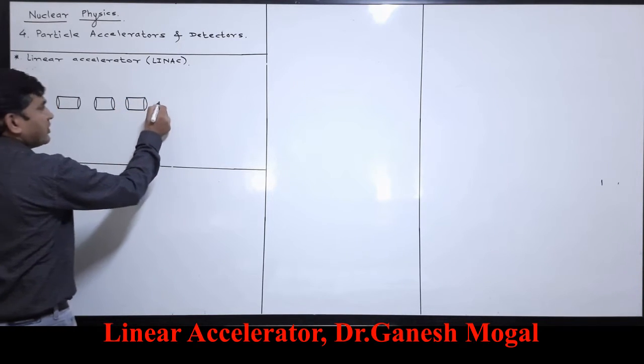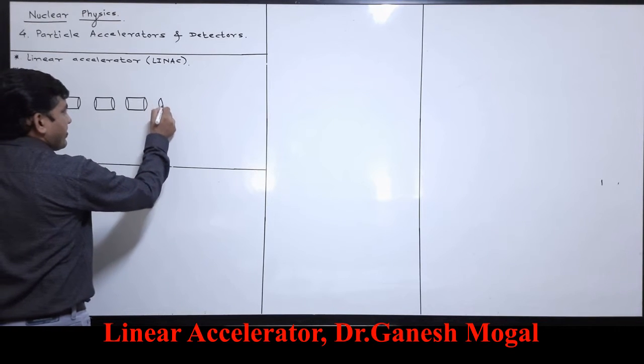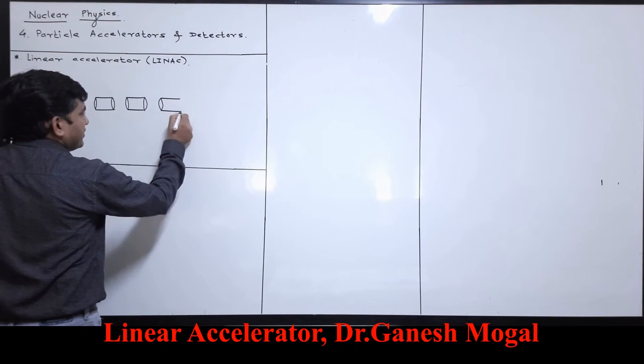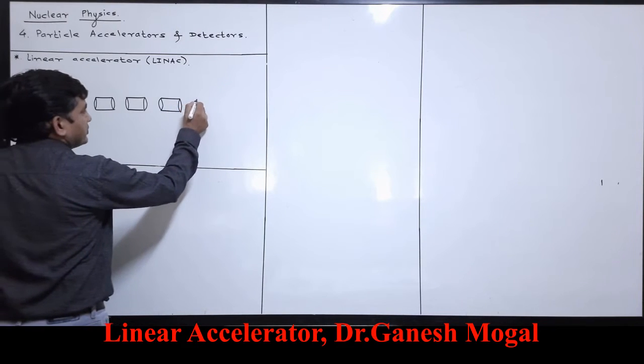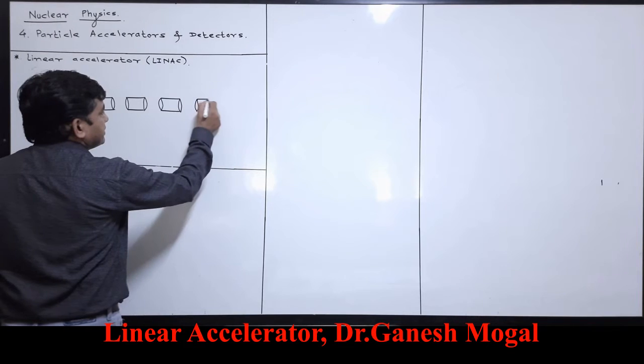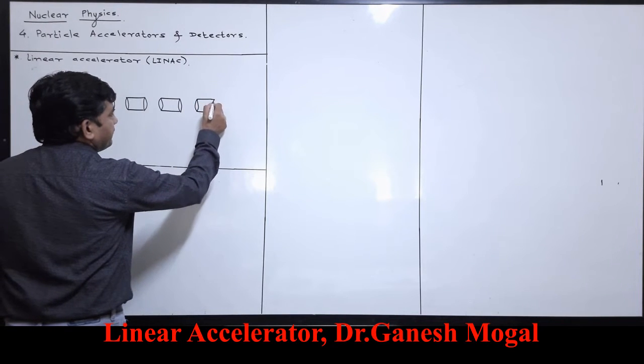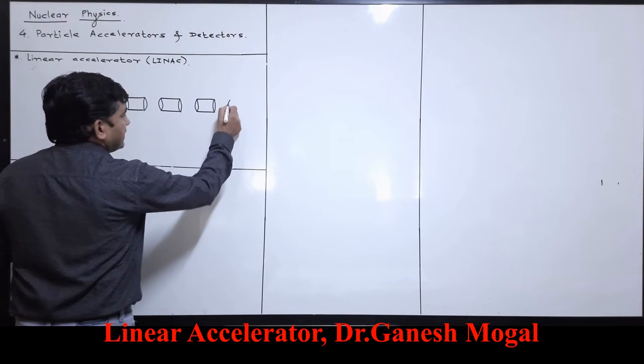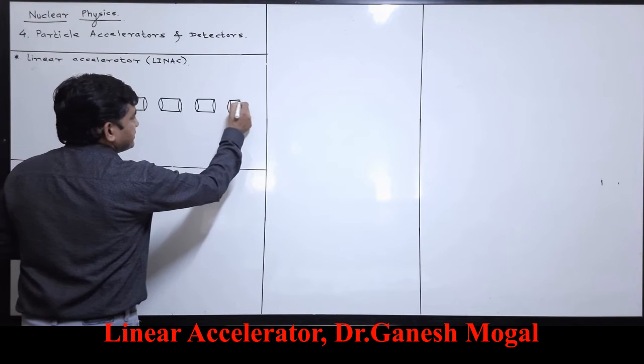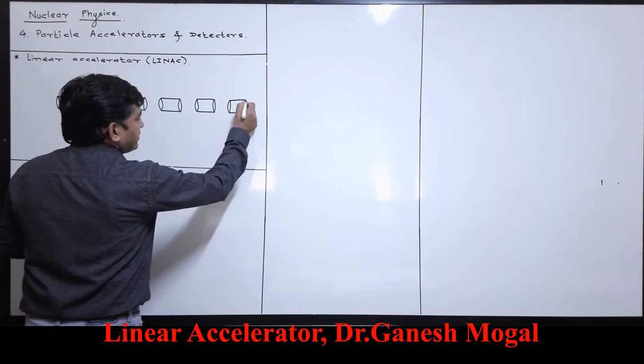So there are a number of electrodes. Fourth and the fifth electrode, and this is the sixth.